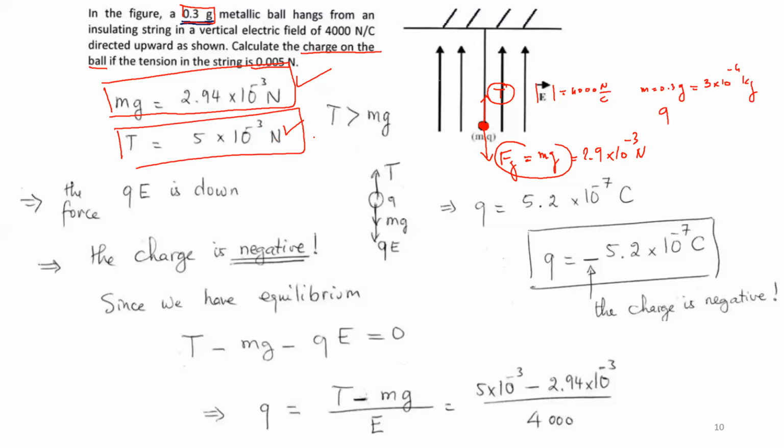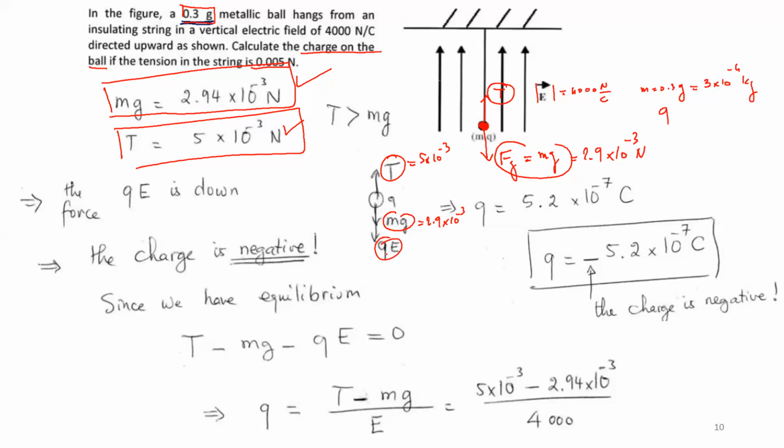So basically, my electrostatic force has to add to the gravitational force such that the net force along y is 0. So here I know that the tension force is up and it's equal to 5 × 10⁻³. And I know that the gravitational force is down, 2.9 × 10⁻³. So I know for a fact that my electrostatic force should be down.